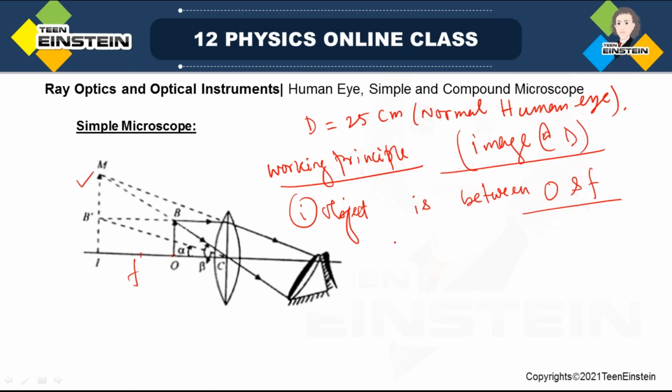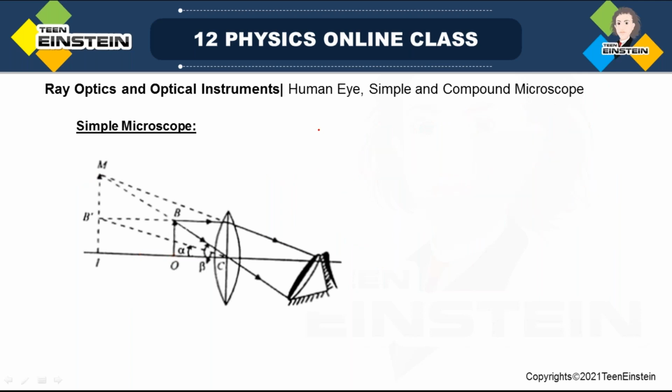Now you have to see, whether it is a microscope or a telescope, the main point is the magnification, how much it can magnify. That is much more important than anything else. We have to find out the magnification, and this is generally angular magnification.